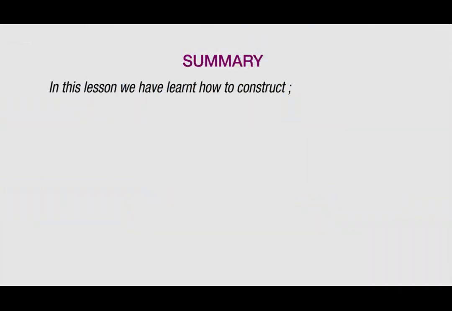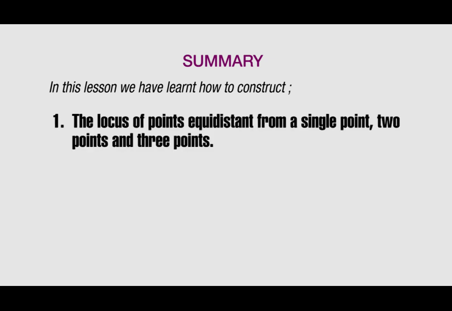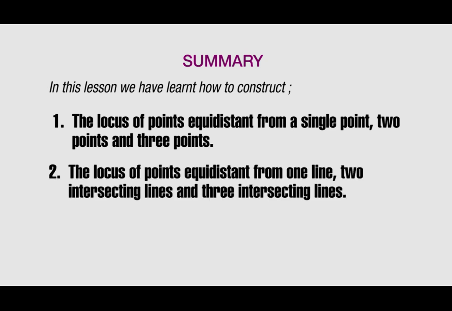In this lesson, we have learned how to construct locus of points equidistant from a single point, 2 points, and 3 points. We have also learned how to construct the locus of points equidistant from one line and 2 intersecting lines, as well as 3 intersecting lines.